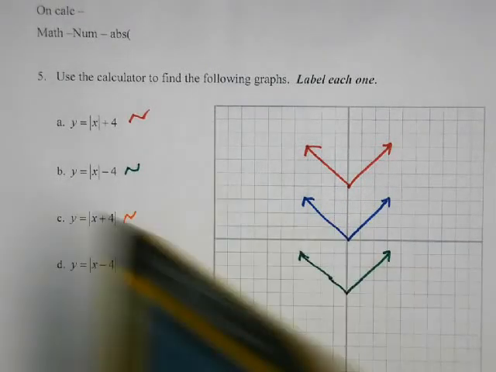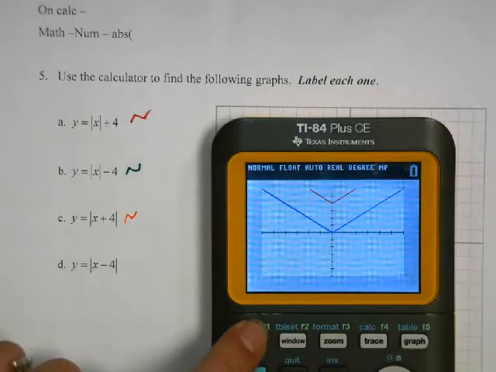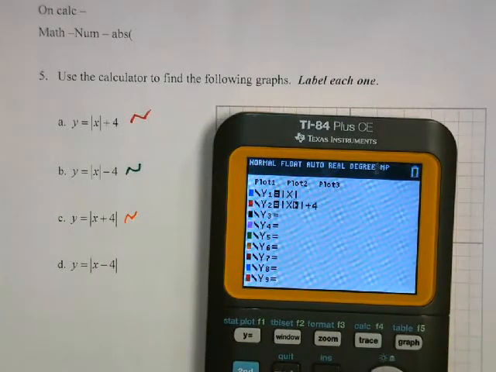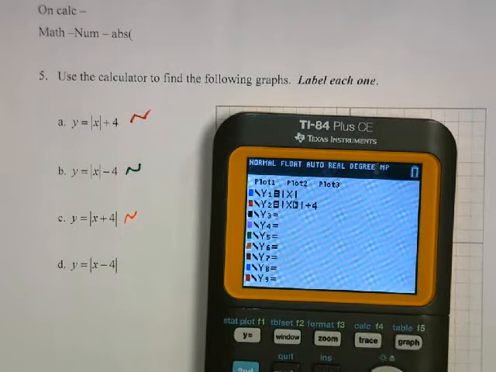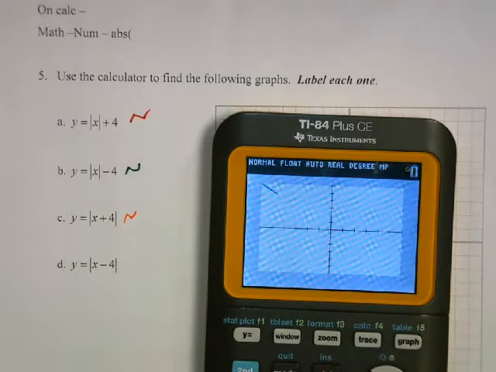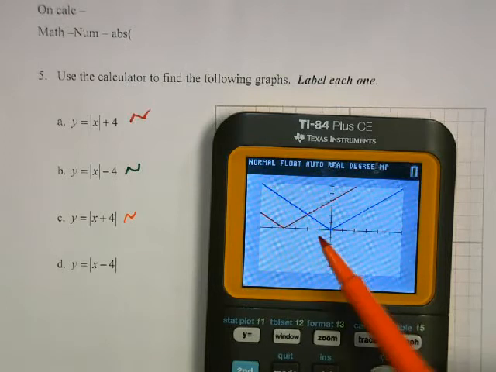Okay, next I'm going to look at what happens if we affect it on the inside. So here, on the inside of the parentheses, or inside of the brackets, I'm going to do plus 4. And graph. There's our original. And there's plus 4. Now this is a little bit counterintuitive. You want to think it's going to move to the right.